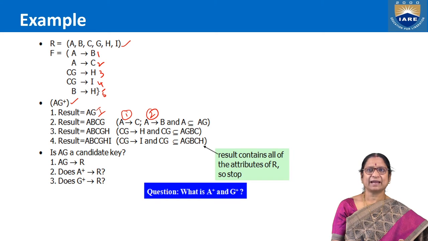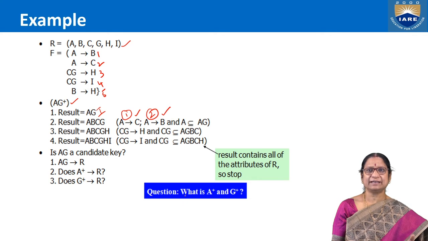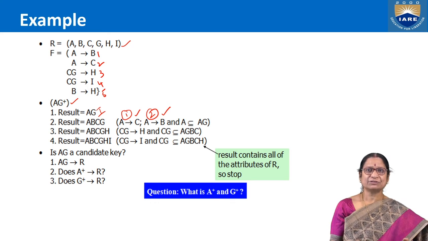So that's why I can add C to my result as well as I can add B to my result, because left hand side is already in my attribute closure result. Adding means union, just adding the members, right? Because already attribute closure is having members AG.